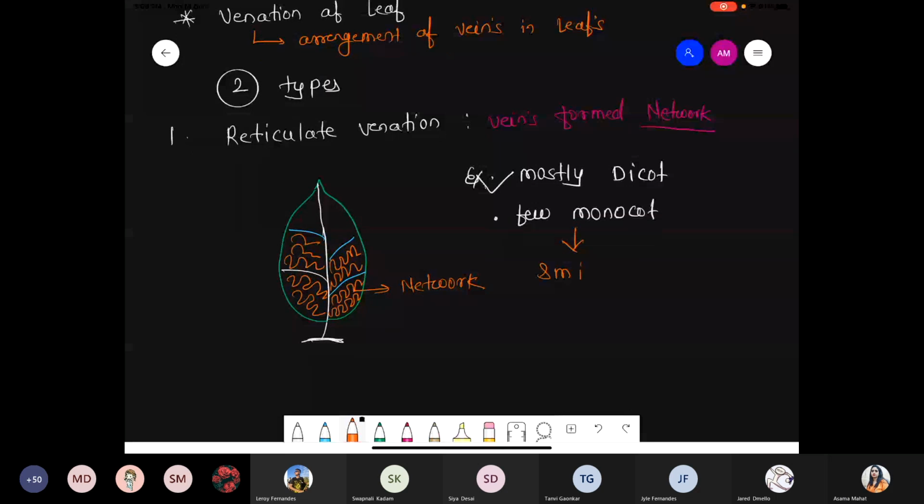Another one, Colocasia, an example of a monocot. So whenever we are talking about reticulate venation, it is most common in dicots, but we have a few examples where in a few monocots such reticulate venation is also present. Got it?